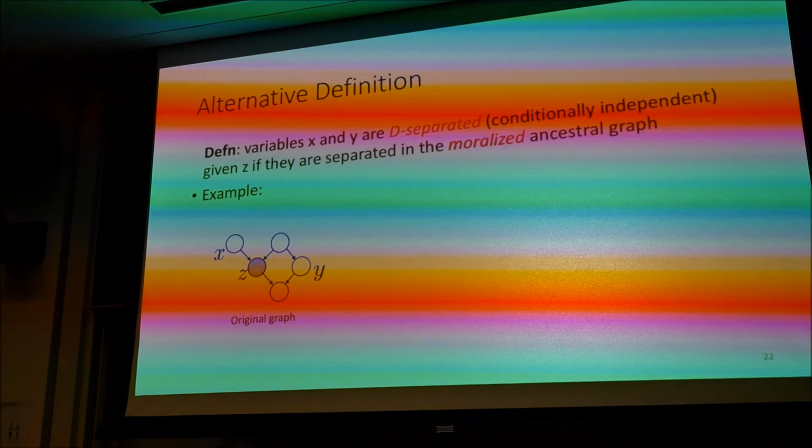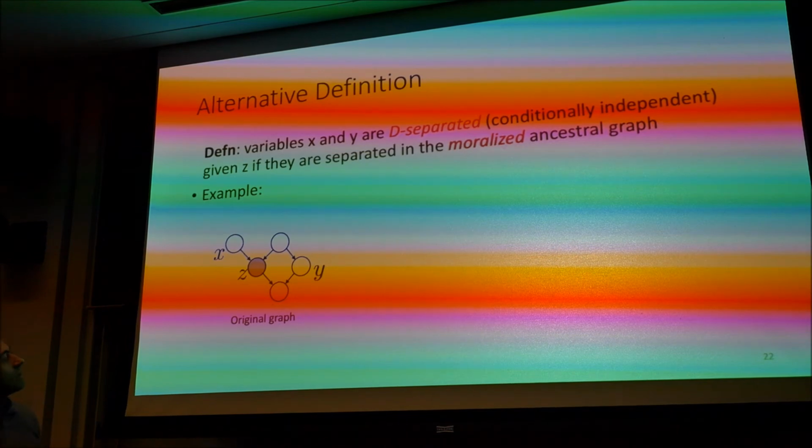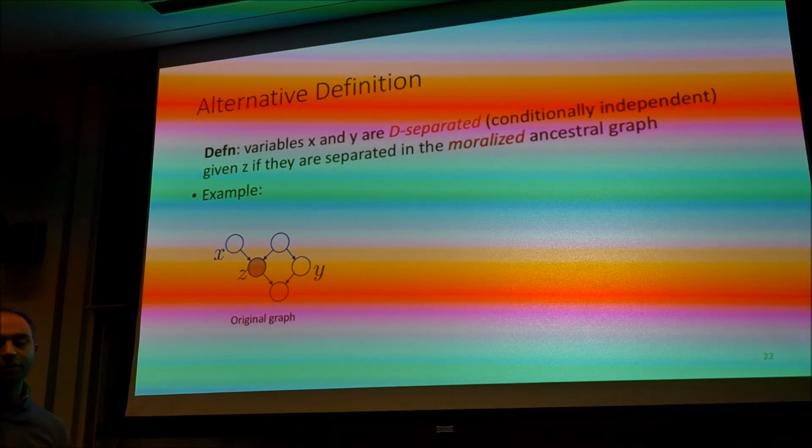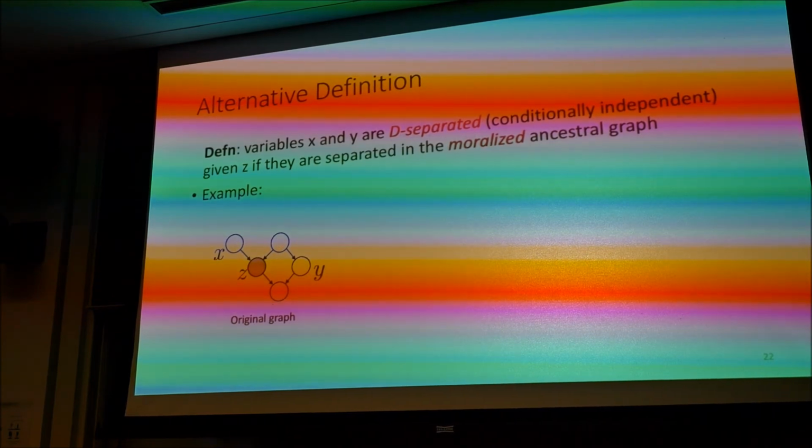Another way of defining the same thing is a so-called moralization. It's a funny name, but let me explain what it is. Let's say this is a part of the graph, and you want to see if X and Y are d-connected. You're going to moralize this graph. There are two parents for this child, but they are not connected to each other.